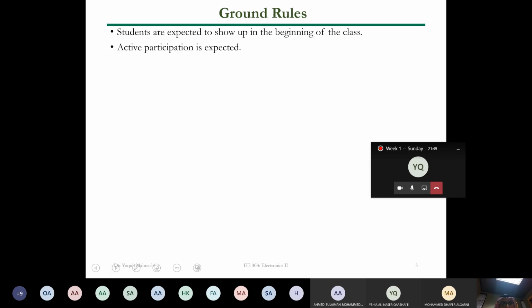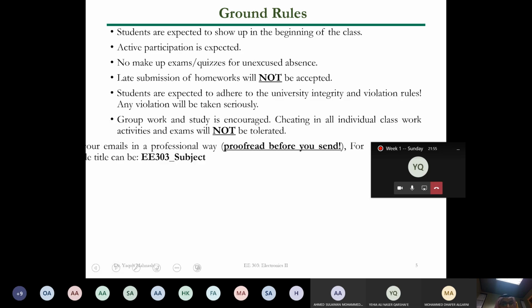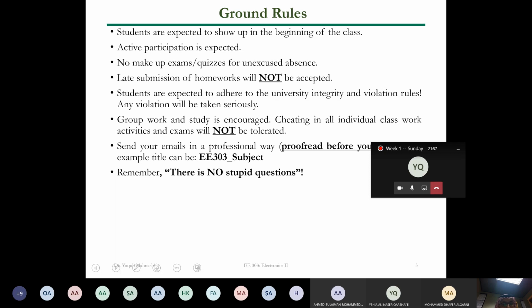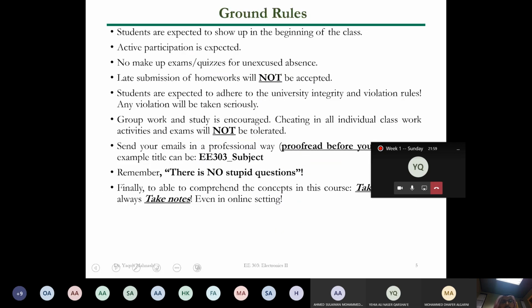These are the ground rules I usually like to share with the students, so if you allow me to go over them. For you guys, I am expecting you to show up at the beginning of the class. This is a basic rule. And also active participation is expected.